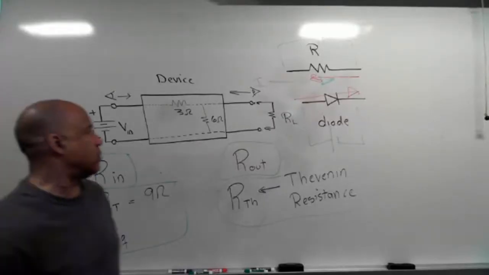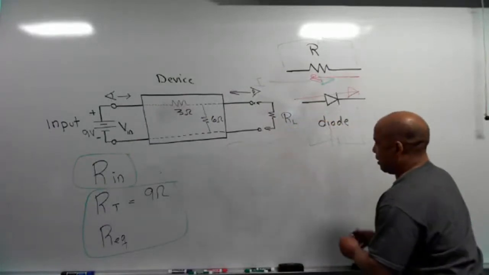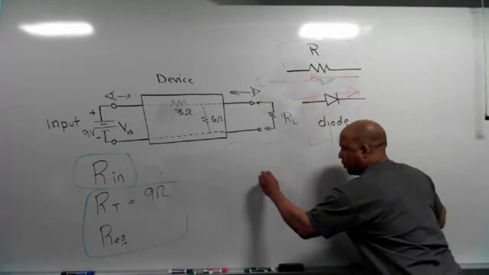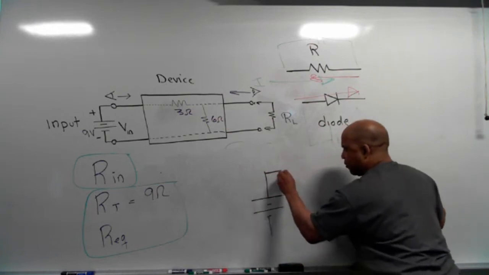Any two-terminal linear bilateral DC network can be replaced by an equivalent circuit consisting of a voltage source and a series resistor. In other words, guys, as long as it's a two-terminal linear bilateral DC network, I can replace it with this. I can replace it with this: a single voltage source and a single resistor.